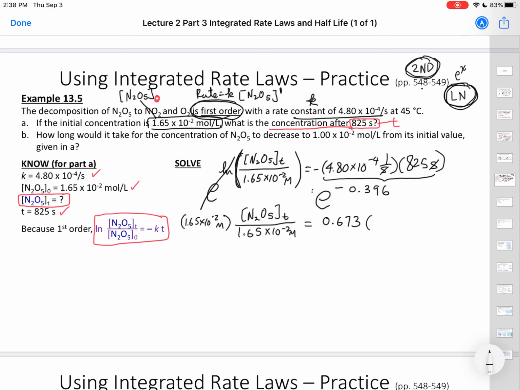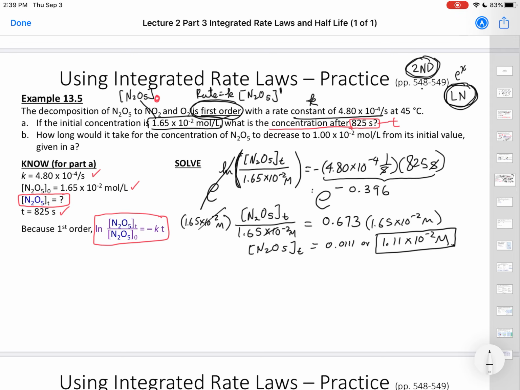We're going to multiply this side by 1.65 times 10 to the minus 2 molar. Okay, that cancels that out. So really the concentration of N2O5 at time t is going to be equal to 0.0111, or I would like to write it in scientific notation, 1.11 times 10 to the minus 2 molar.